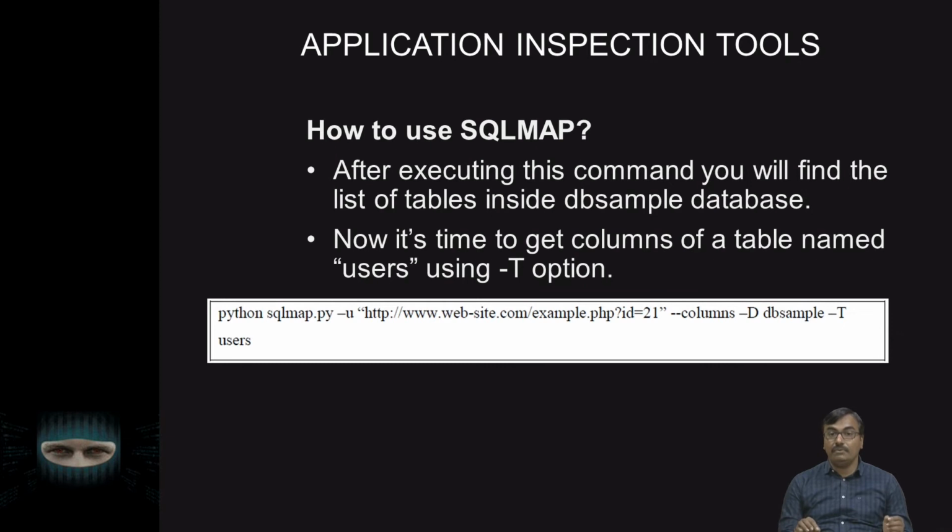Then here we are getting some columns, the field names available in the users table of the DB sample database. So here you can see --columns -D DB sample -T users. Users is my table, -D is used for the database, and we will get the entire field names of the users table.